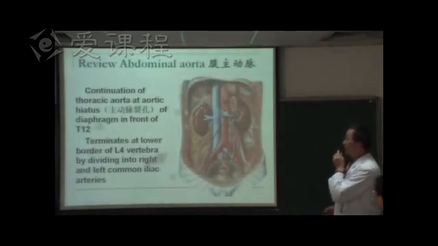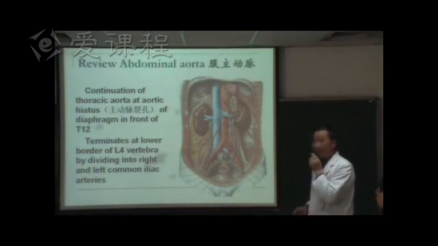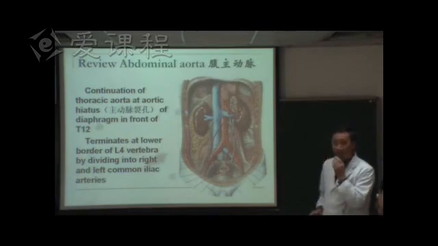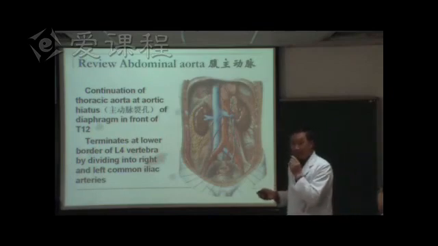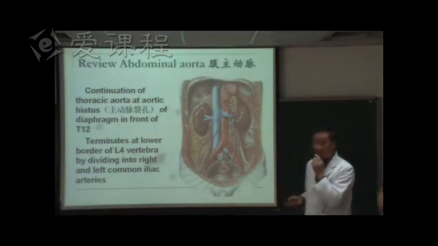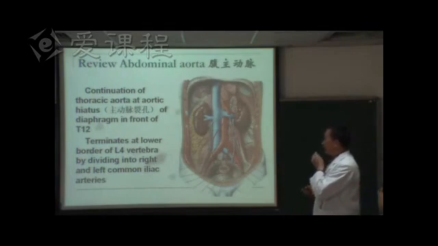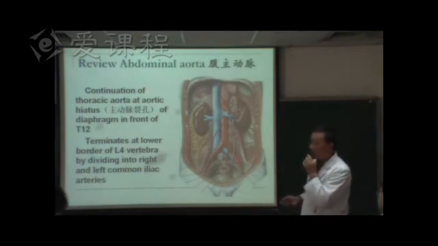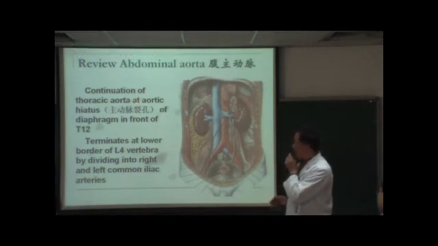Before we dissect the structures within these two regions, we should review the abdominal aorta. What is the abdominal aorta? Yes. The abdominal aorta is the continuation of the thoracic artery.